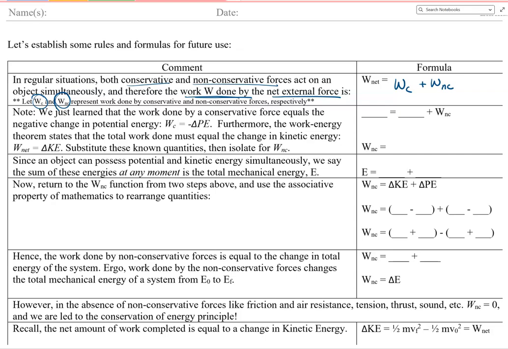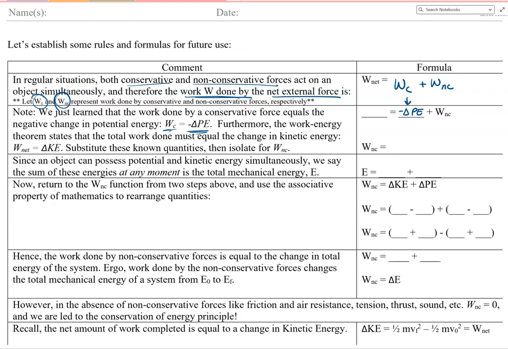In class, we showed that the work done by a conservative force is the opposite of the change of potential energy. We were starting to talk about the weights in a clock that might be used to give power or energy to a clock for a certain period of time. So we note that the work done by conservative forces in this part of the equation could be changed to the opposite of the change in potential energy.